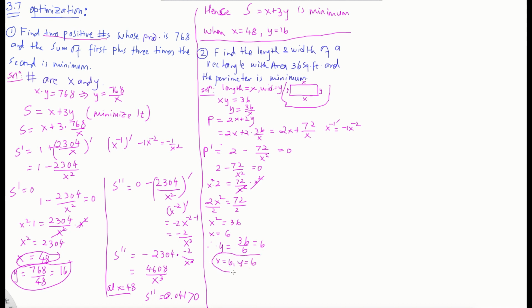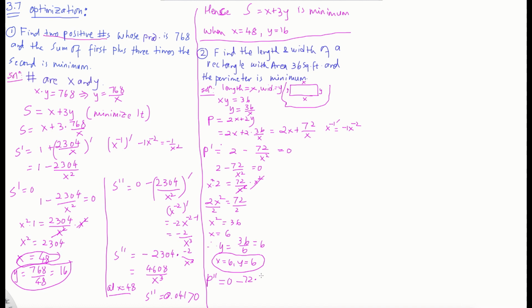But still we are not done, because it says we need to find this x and y value makes the perimeter minimum. So how do I check whether it is minimum or maximum? You find out the second derivative, right? If you do the second derivative, what do you get? Second derivative will be, you find out the second derivative here, right? So 0, the derivative of 2 is 0 minus 72 times, what is the derivative of 1 over x squared?